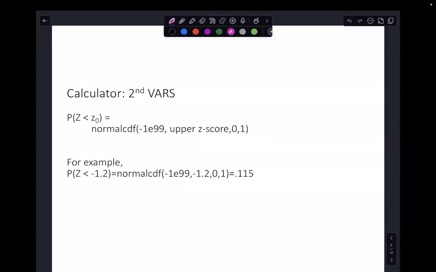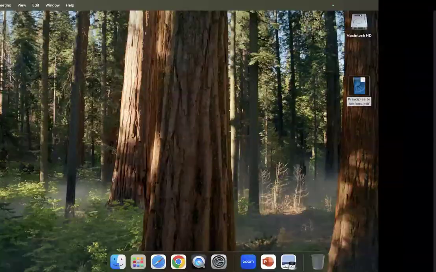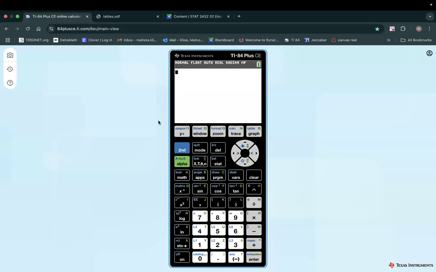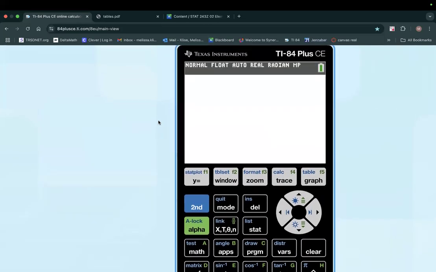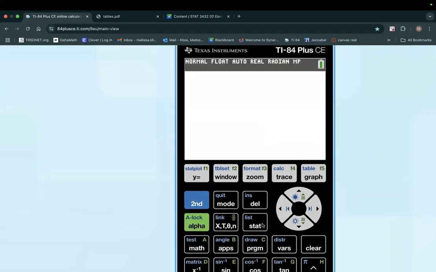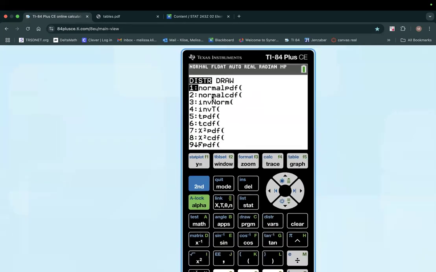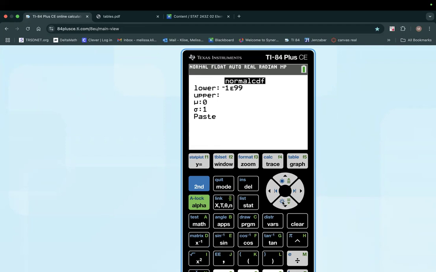Now I'm going to go to my calculator and we're going to do the same calculation we just did. Here's my lovely calculator. Okay, I'm going to do 2nd Vars, and normalCDF is your second number. I'm looking for less than or equal to the z-score of 1.33.